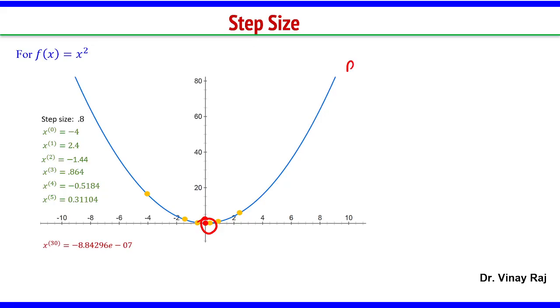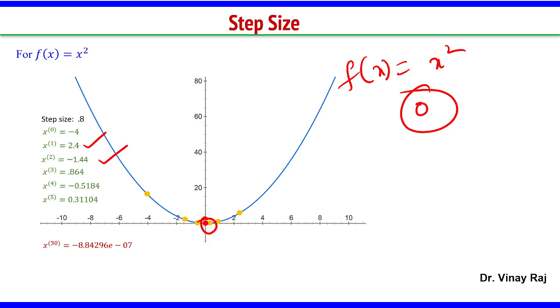We know the minimum point for f of x square will be 0 definitely, but am I reaching 0 directly? See, 2.4, minus 1.44, 0.864, minus 0.5, then 0.3. You can observe how the values are fluctuating from here to this way. So, choosing your step size is also important, step size matters.